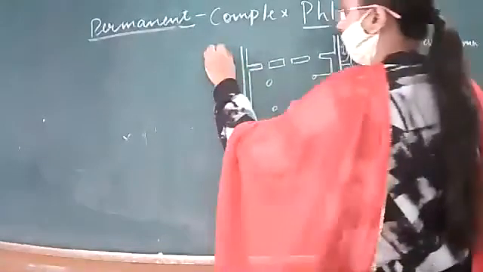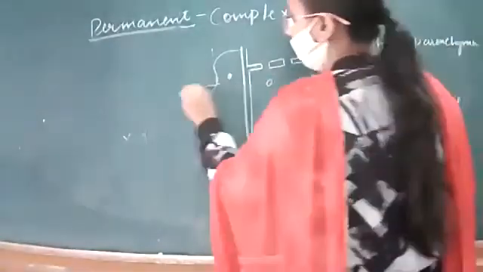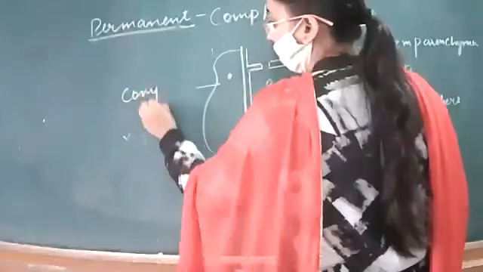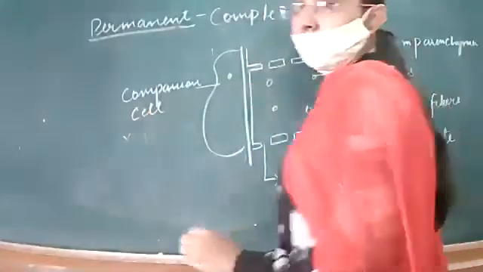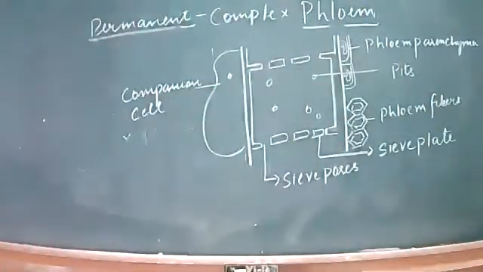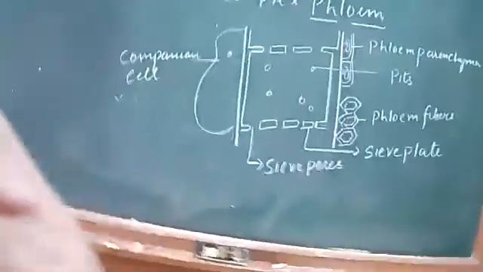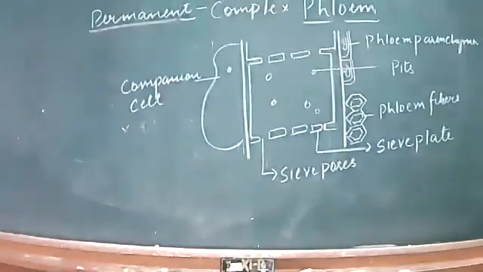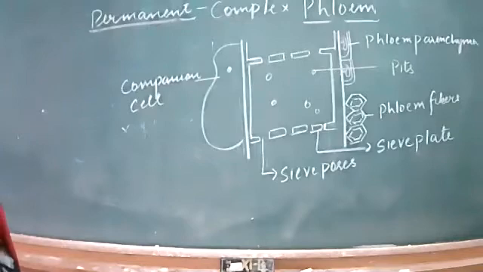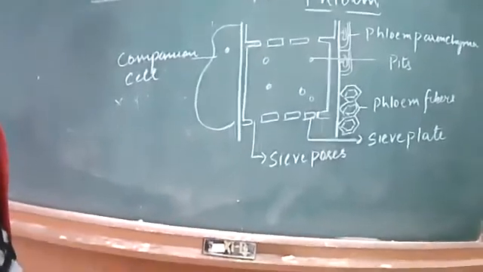So this is the companion cell. Okay. So our phloem tissue consists of the four components: companion cells, parenchyma, sclerenchyma, and sieve tubes, which have sieve pores and sieve plates.